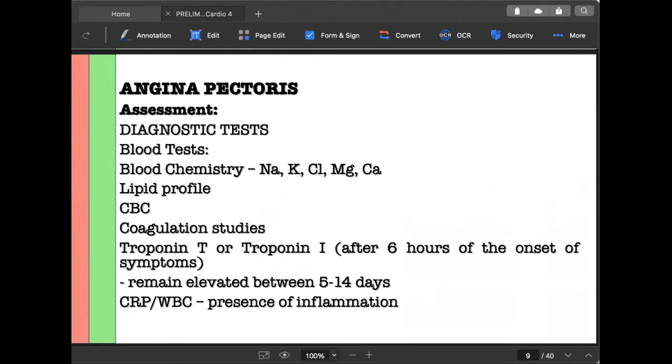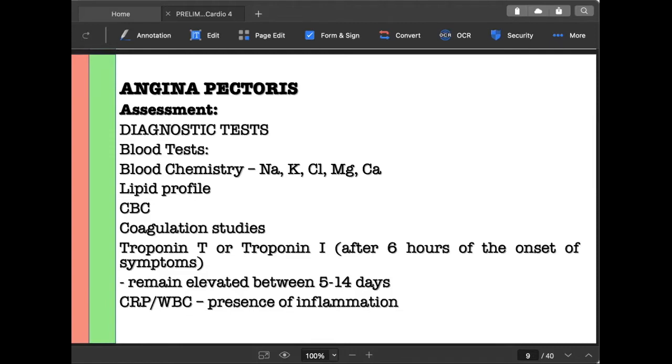Another thing being monitored, of course, is the blood chemistry: if there's an increase or decrease of your sodium, potassium, chloride, magnesium, as well as calcium, which are always in connection with your myocardial activity.